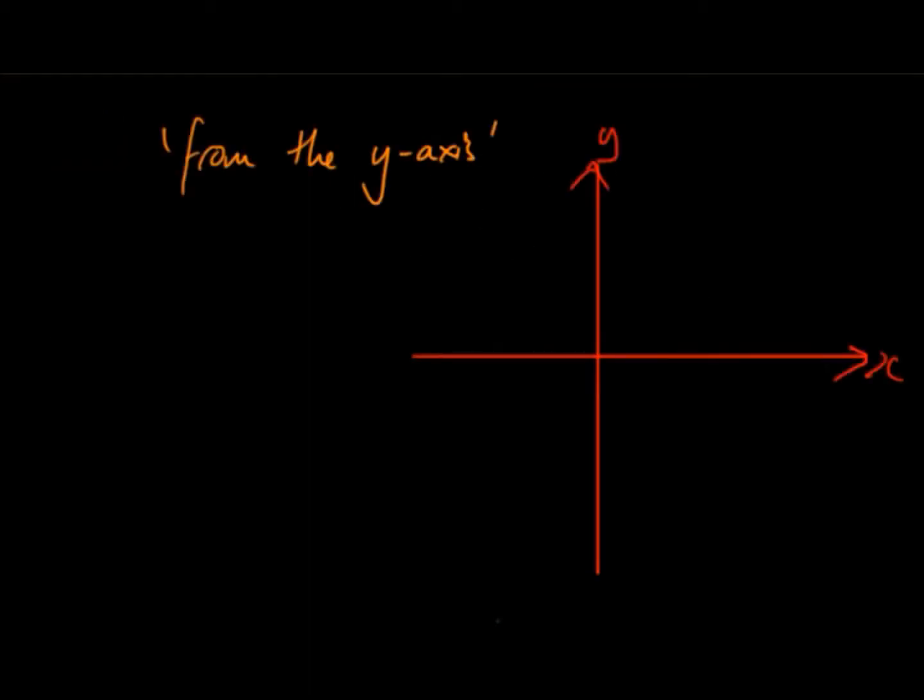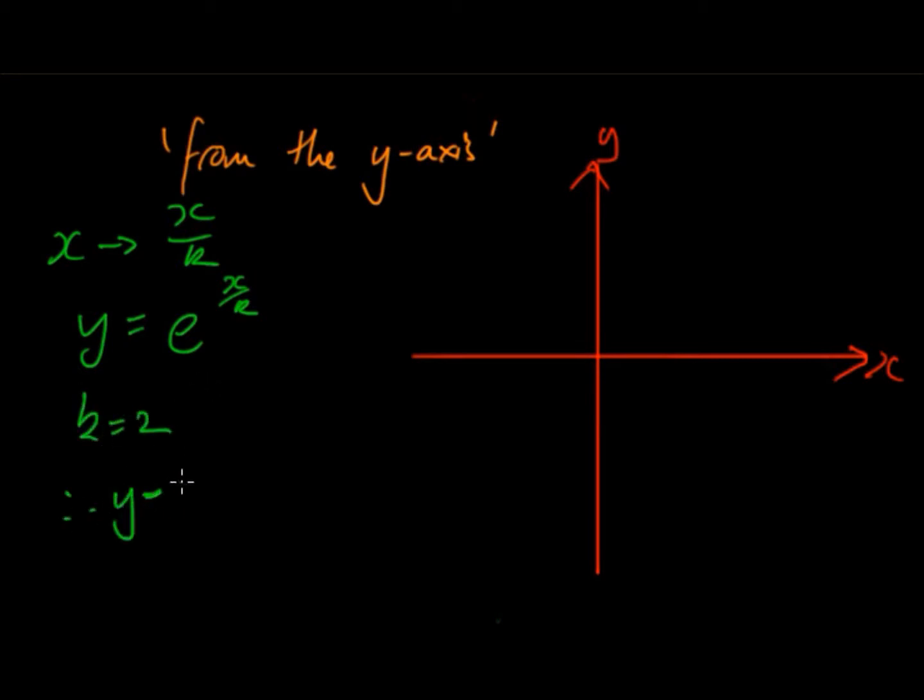So looking at the dilations, what about from the y-axis? So that means we're replacing x with x on k. So now the equation is going to look something like y is equal to e to the x on k. So let's say k is equal to 2.